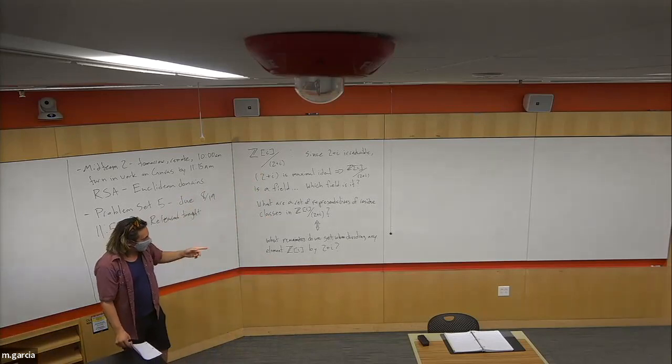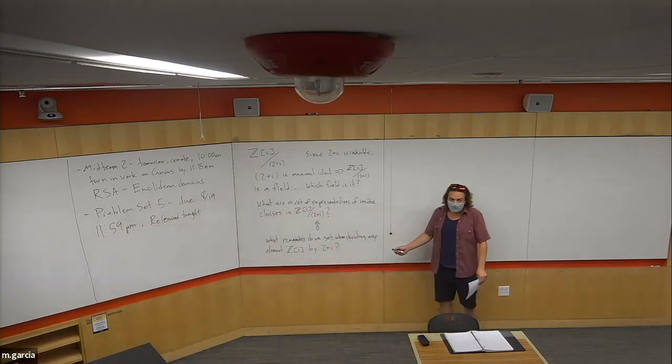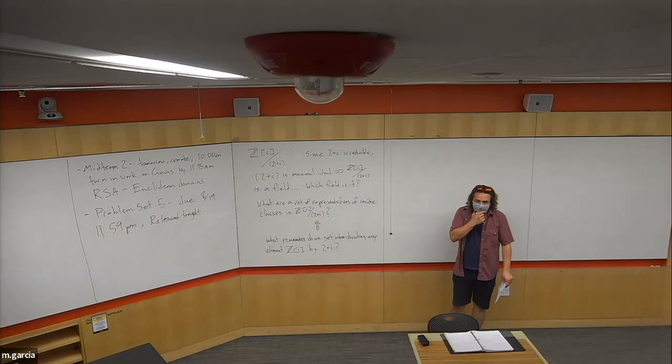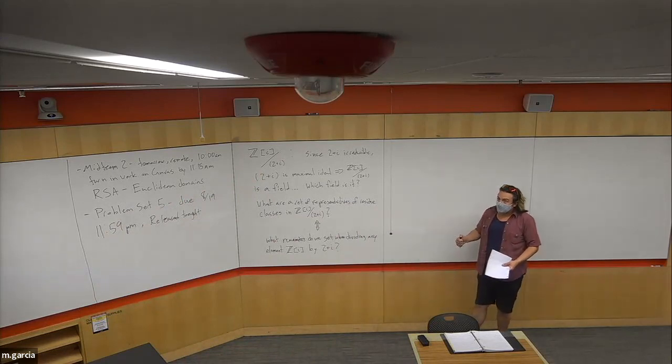Okay. So remember, we made some headway on this perhaps simpler question of what potential remainders we can get. We know that the remainders are restricted by the norm, right?